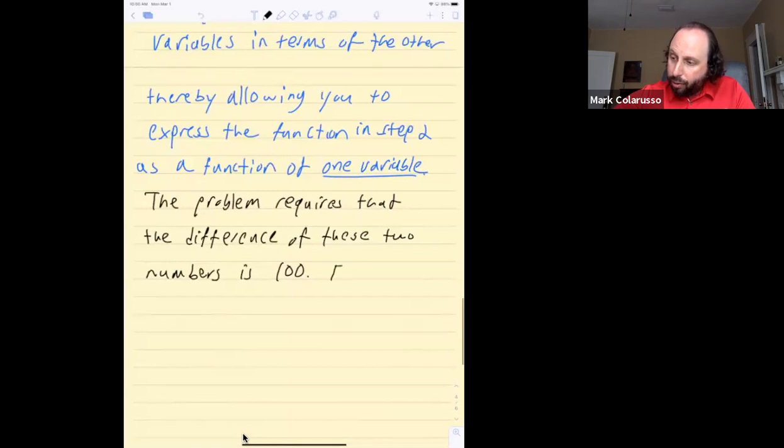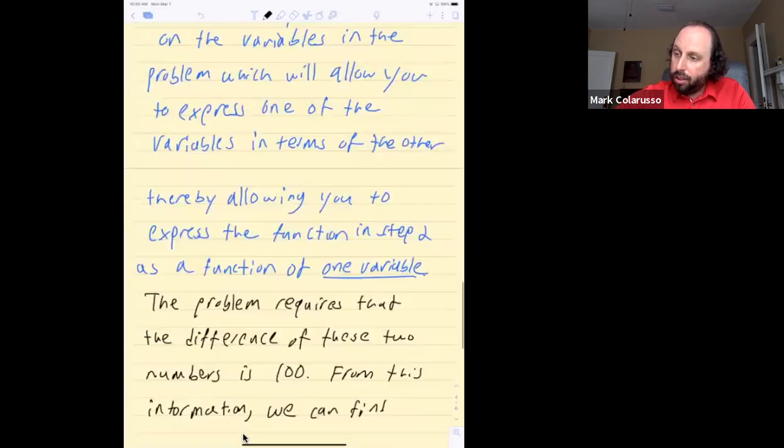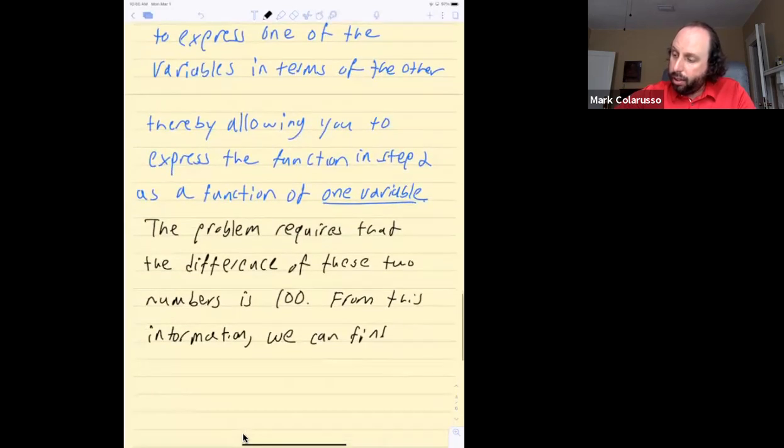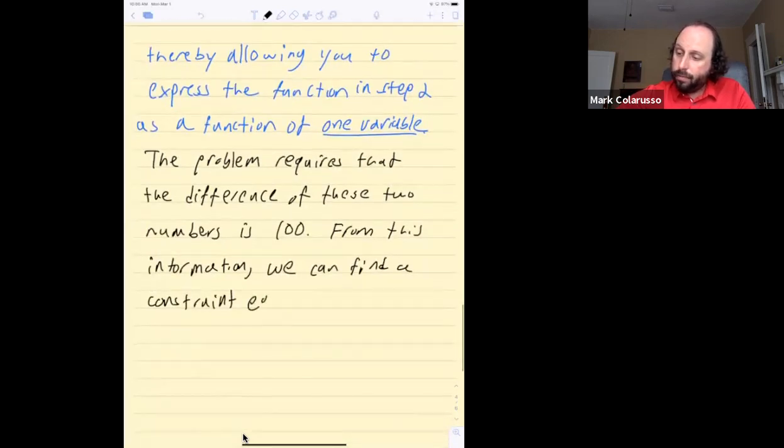And so from this information, we can find a constraint equation relating the two variables.